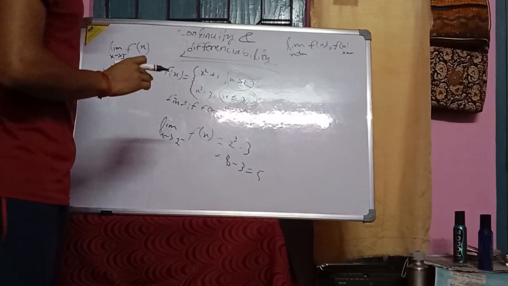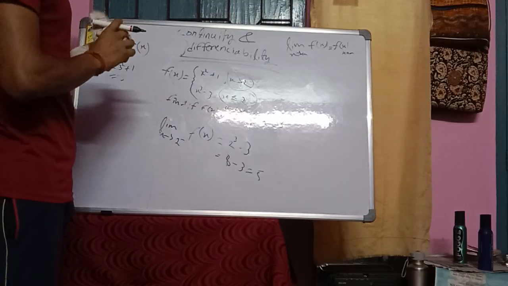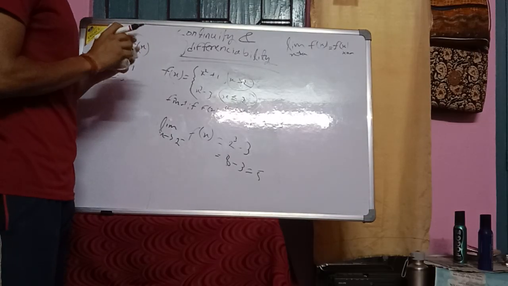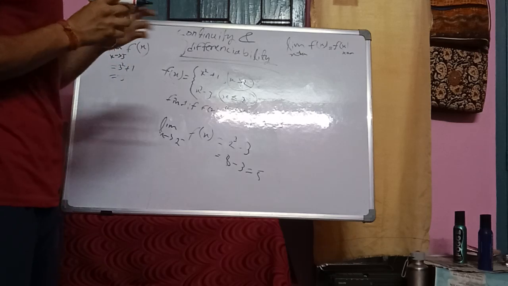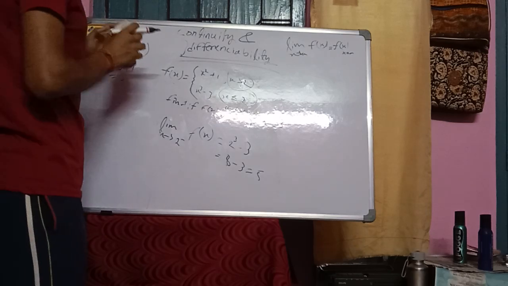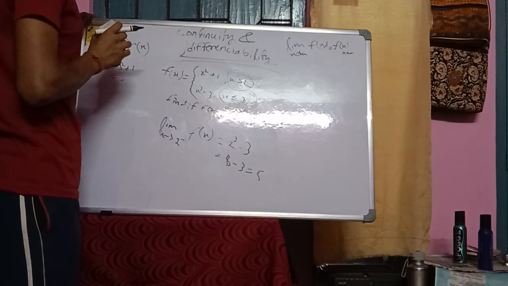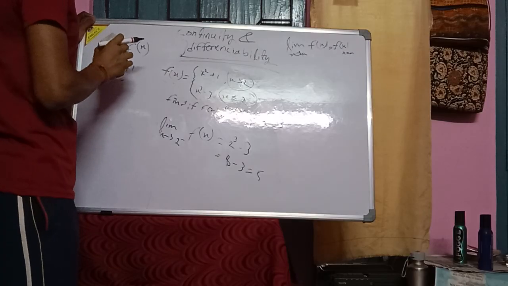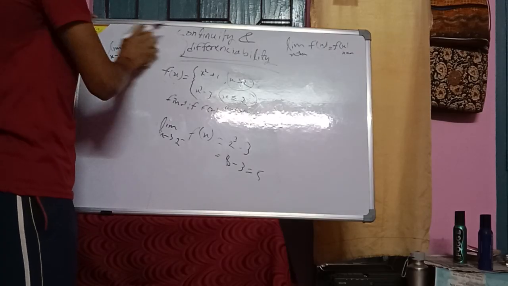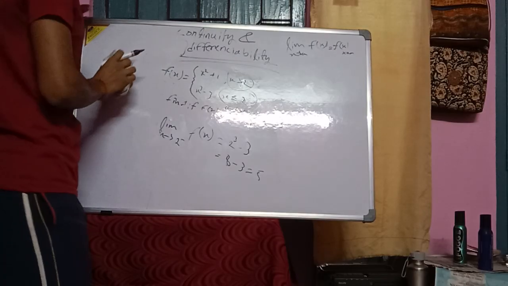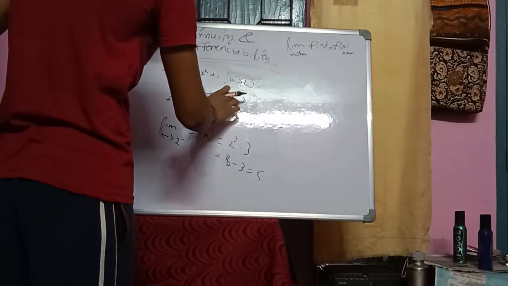Actually, let's not do this one, because even this way we'll find that the value is going to be the same for both limits and the functional value. Let's change it a little bit.